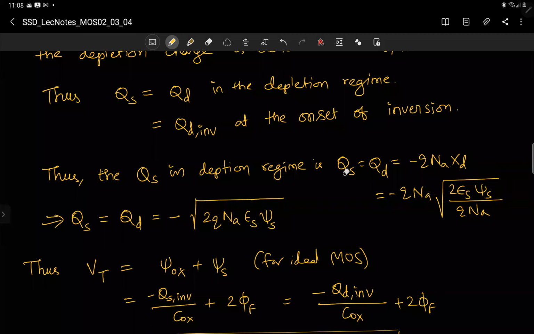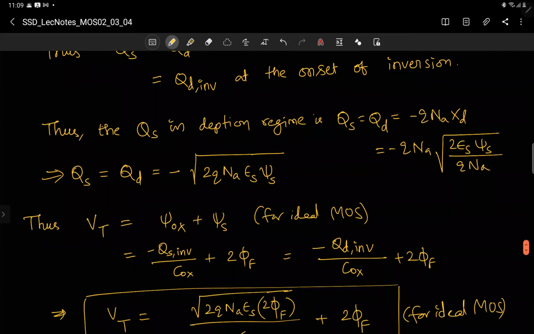So this Qs also is charge per centimeter square. You are multiplying depletion width with depletion charge, so you get total depletion charge per centimeter square. And if you just cancel this q NA, there will be a square root of q NA. So that is what it is here. So this depletion charge is there, and that is equal to Qs.